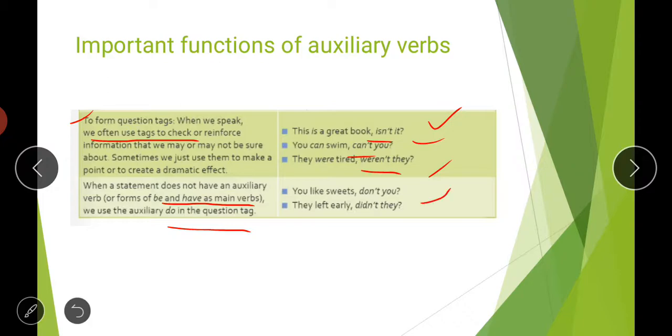They left early, didn't they? If you look at the statement, you like sweets, there is no helping verb in this statement, but we know this is about the present, so we use the tag don't you. Then, they left early, left means we are talking about the past, so here we use didn't they as an auxiliary verb to make the tag question.